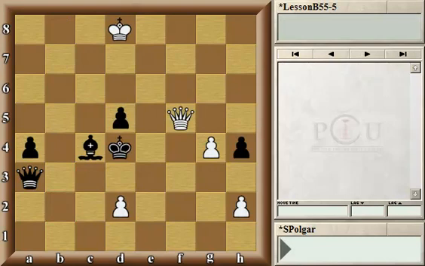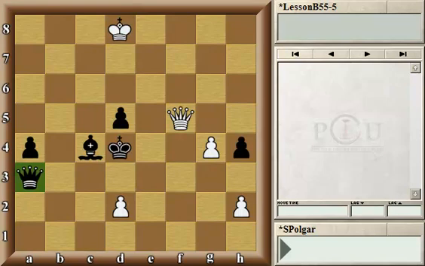Here we go. Again, in this tricky situation, the black queen is on an unprotected square, and that is a very important element in all these skewers that we're learning about, because if that queen would be protected by another pawn or bishop or piece, then even though white would give the check that seems to be a skewer, at the end of the day, the king moves out of the check, queen takes queen, and if another piece can recapture our queen, then we wouldn't achieve any gain.